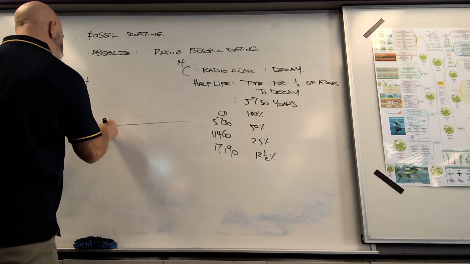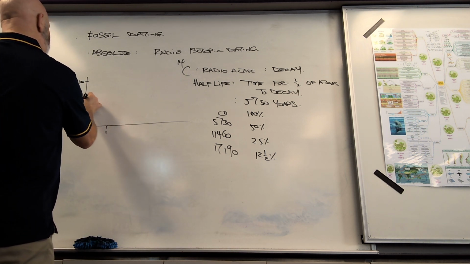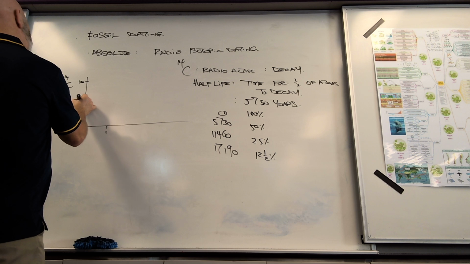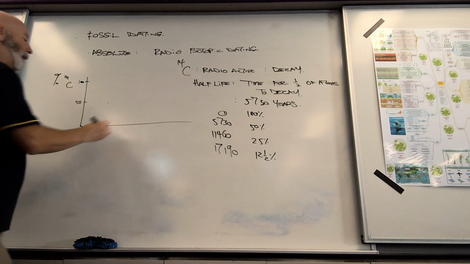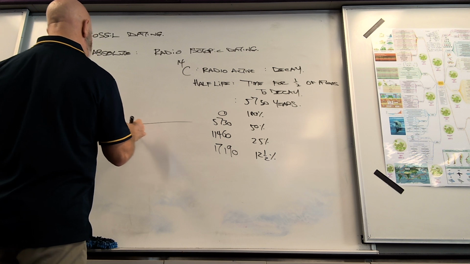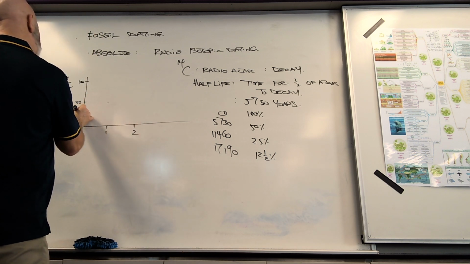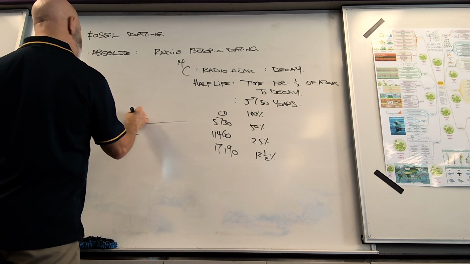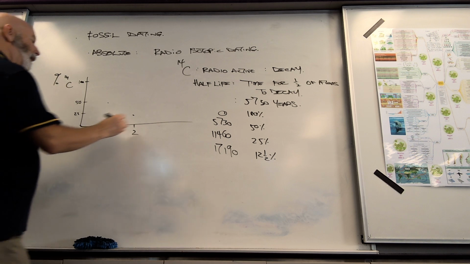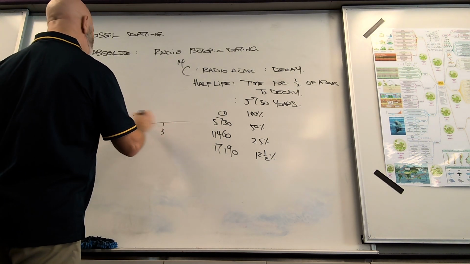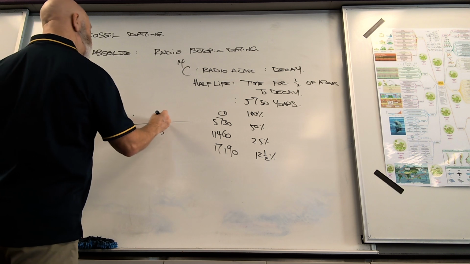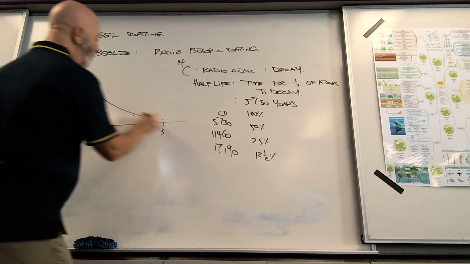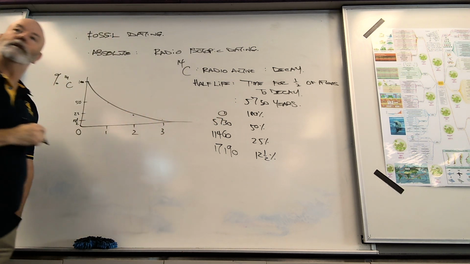After half-life number 1, there's now 50%. After 2 half-lives, it's now 25%. After 3 half-lives, it's now 12.5%. And so we end up with this. Okay?